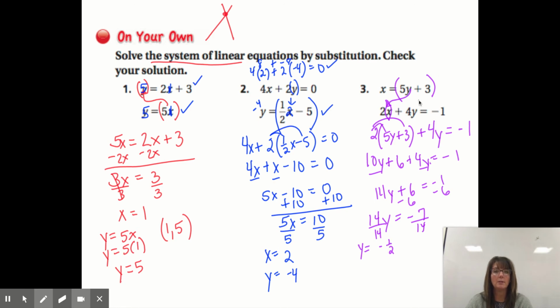So I'm going to go into this equation to solve for x. I probably should go into this equation. So we'll have x is equal to 5 times this -1/2 plus 3. All right.